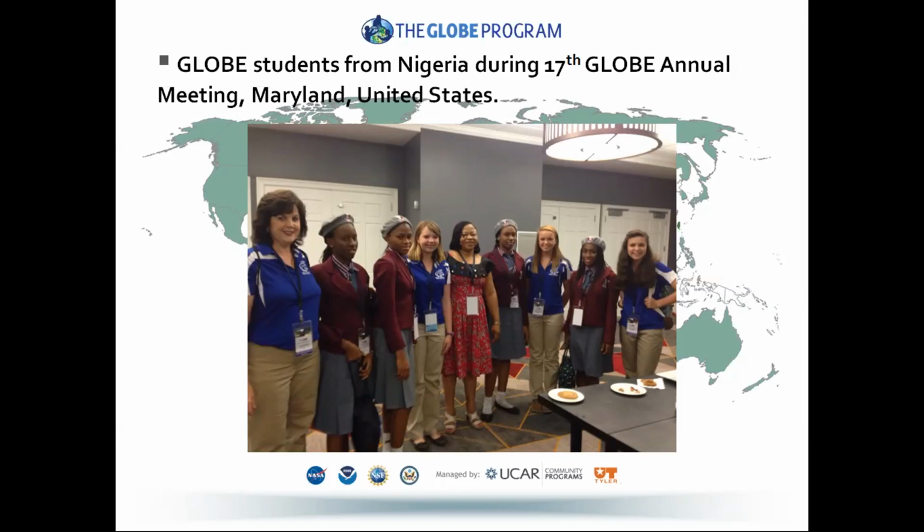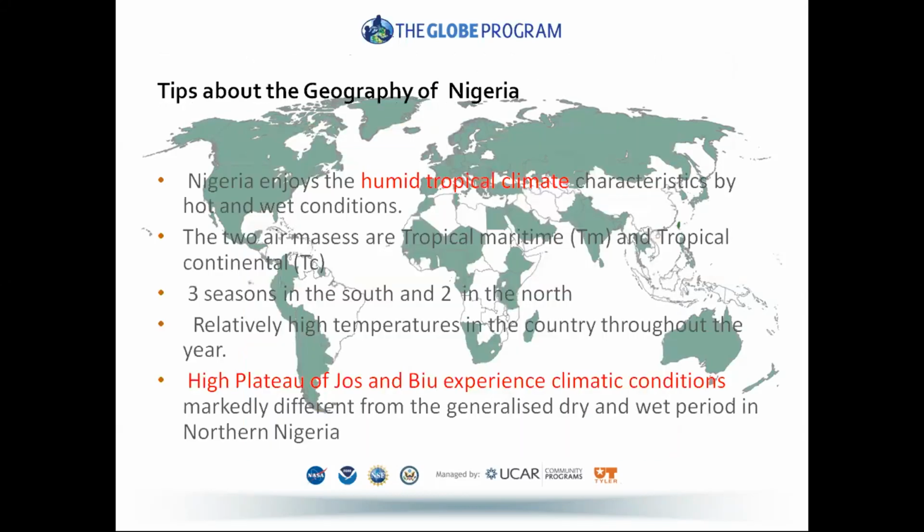Nigeria enjoys a humid tropical climate characterized by hot and wet conditions. The country is also characterized by two air masses, tropical maritime and tropical continental. These two air masses bring 3 different seasons in the south and 2 in the north.